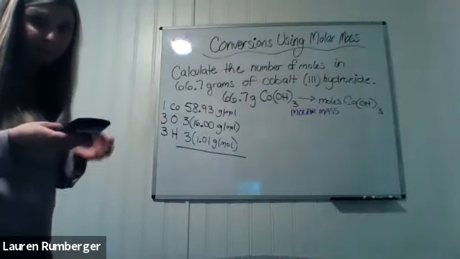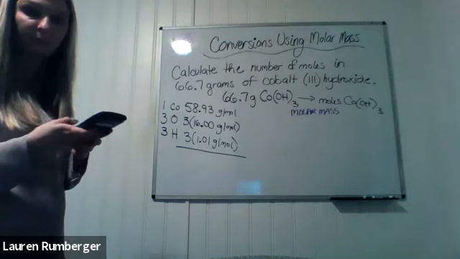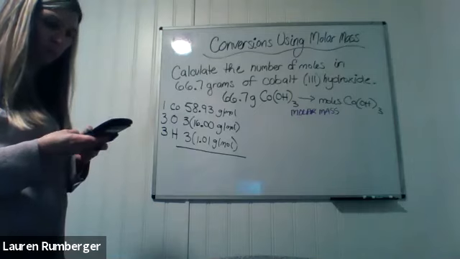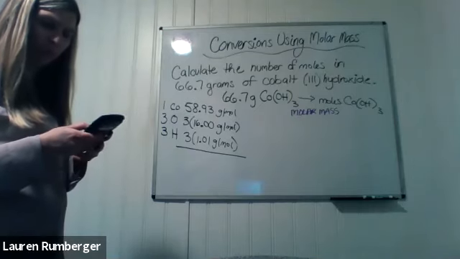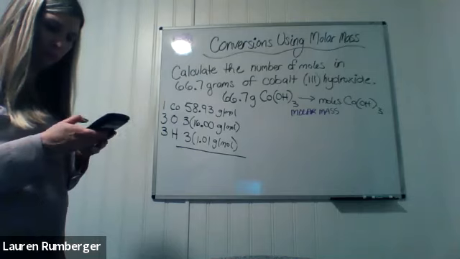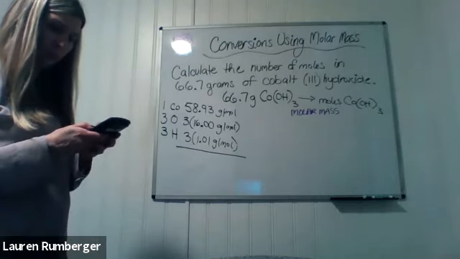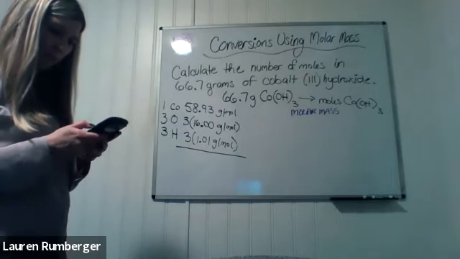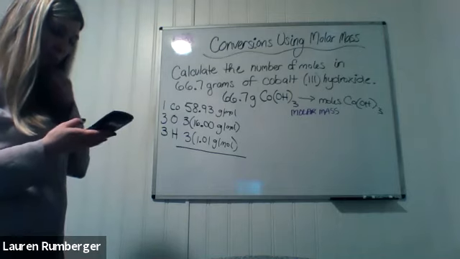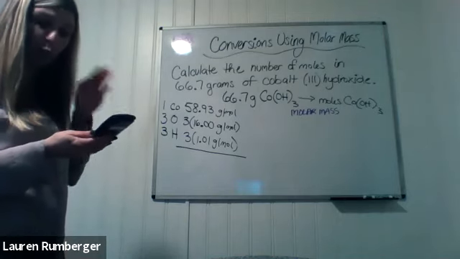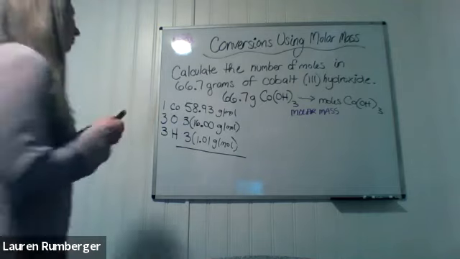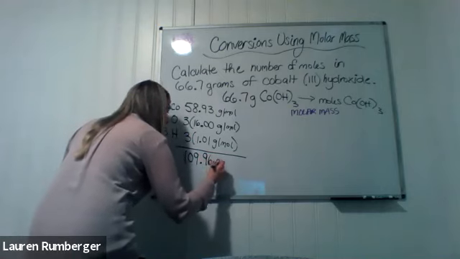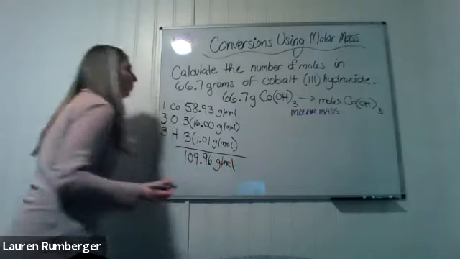So that's going to be what I am seeing in my calculator is 109.96. 109.96 grams per mole.